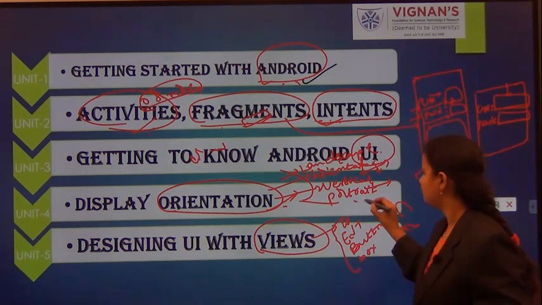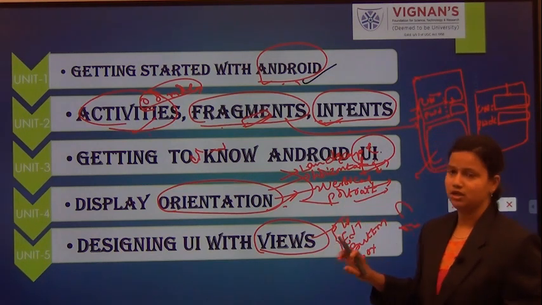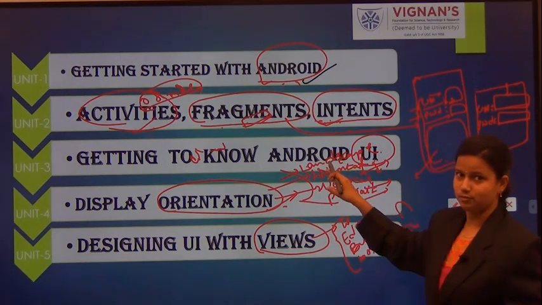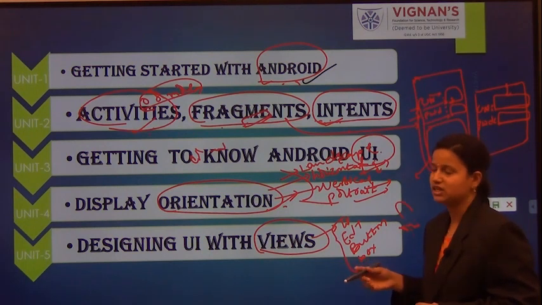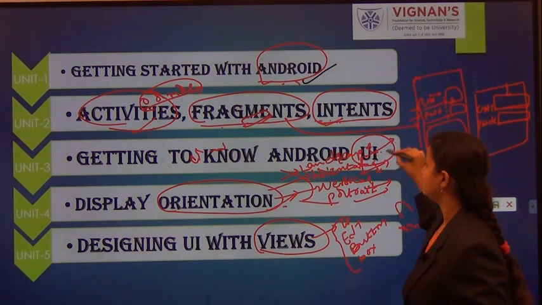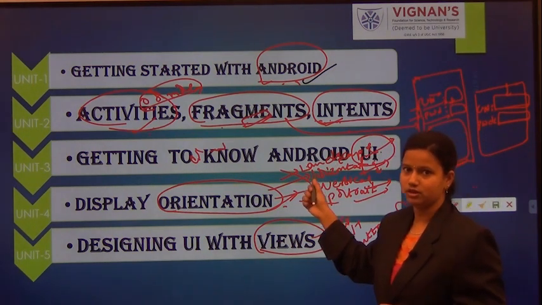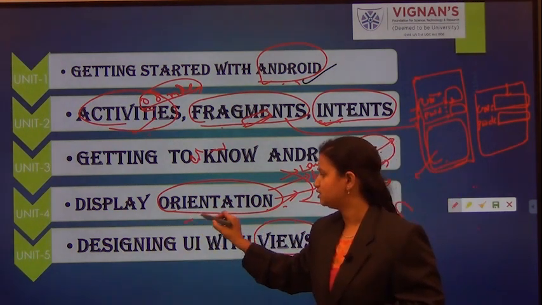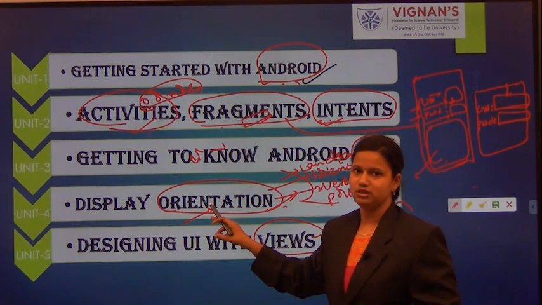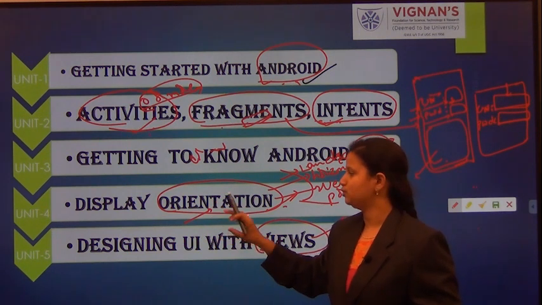If you are developing your application in portrait mode and you change to landscape mode, whether the components or the design of your user interface are suitable for landscape mode or not, that is to be checked. How this arrangement is possible is to be learned in the 4th unit.